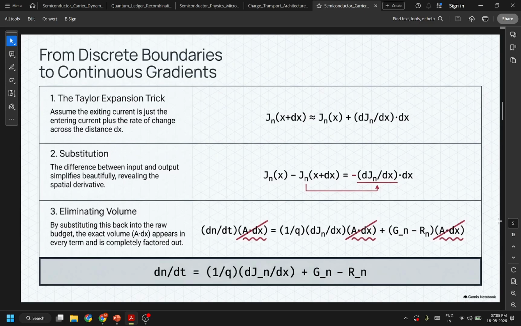Then J_n(x) minus J_n(x+dx) is minus dJ_n/dx times dx. If we substitute this back into the equation, we can remove the volume A dx. This gives us our formula: dn/dt equals 1/q dJ_n/dx plus G_n minus R_n.